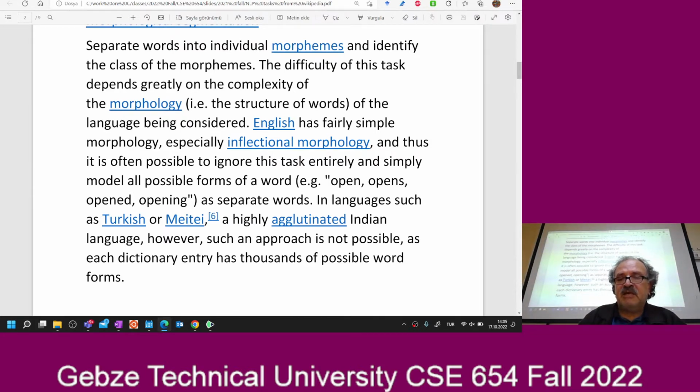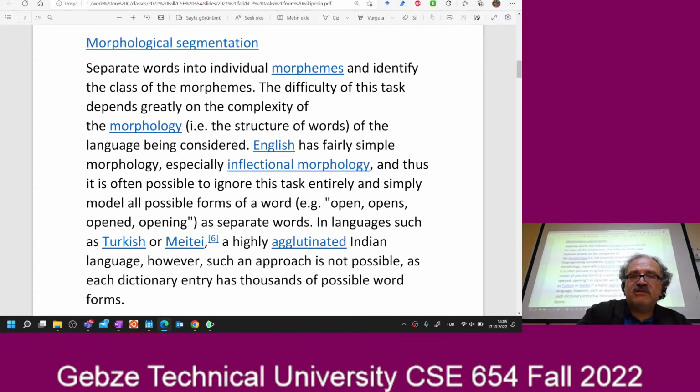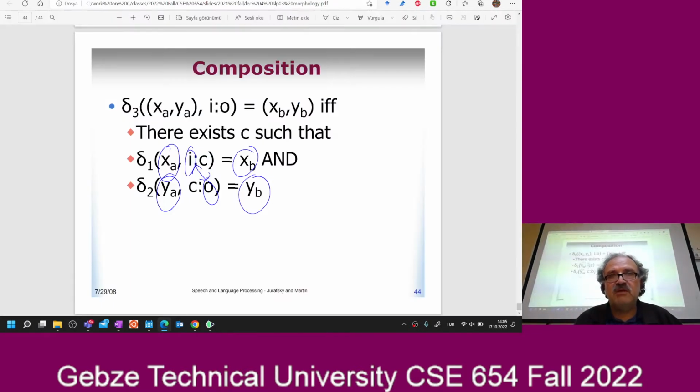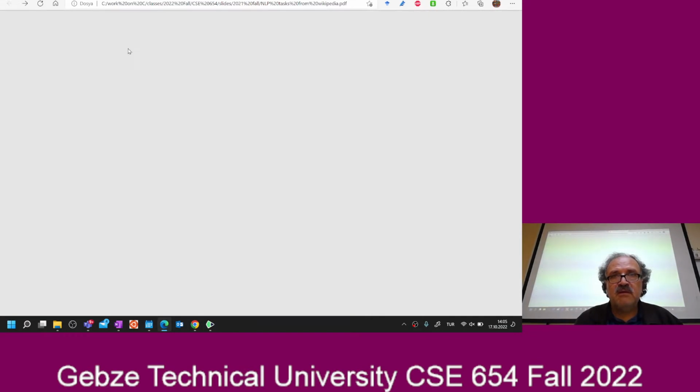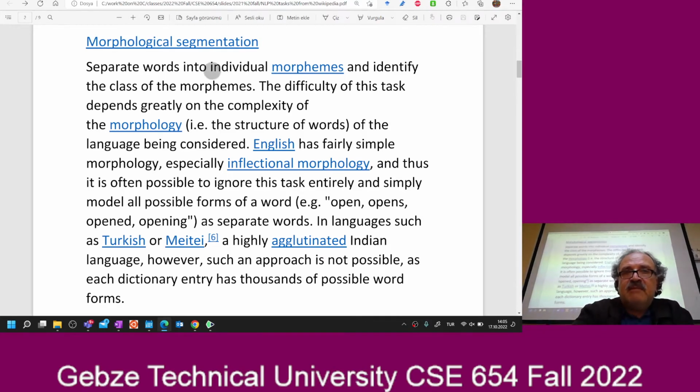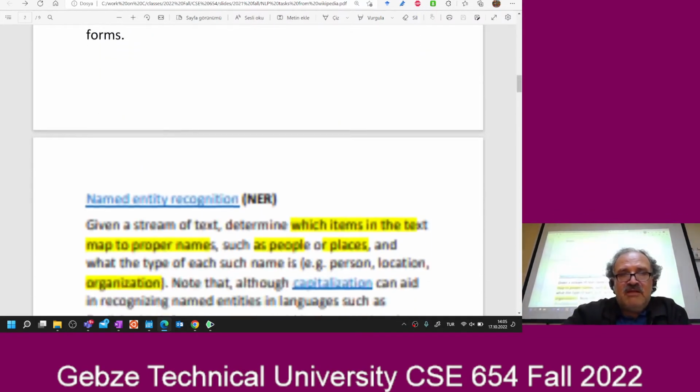Kitap, kitaplar, kitapları, kitaplarım, kitaplarıymış, kitaplarıymışçasına. They are all inflectional forms of the same word. In English, we don't have such a thing. So it becomes very important for languages like Turkish: morphological segmentation. The meaning of each suffix needs to be segmented and disambiguated.